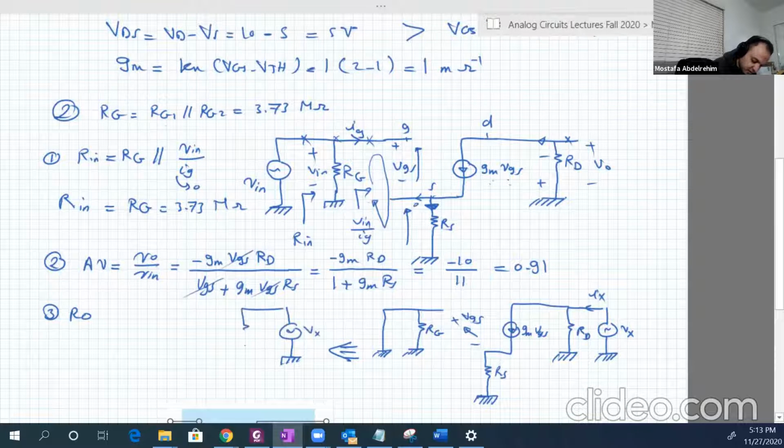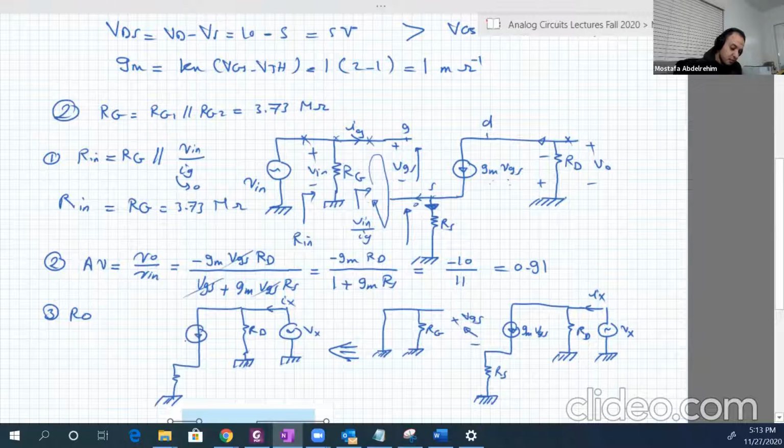Vx, and here is Ix, RD, and this will be just ground like this. So this is basically the gate, because the gate is just connected to ground now. And here is VGS.